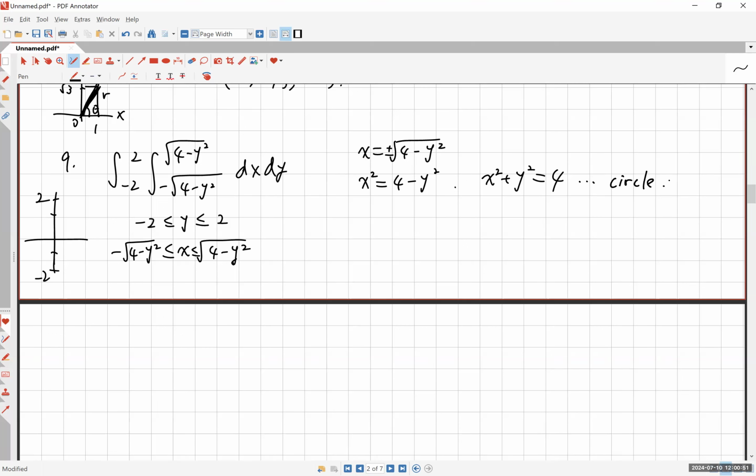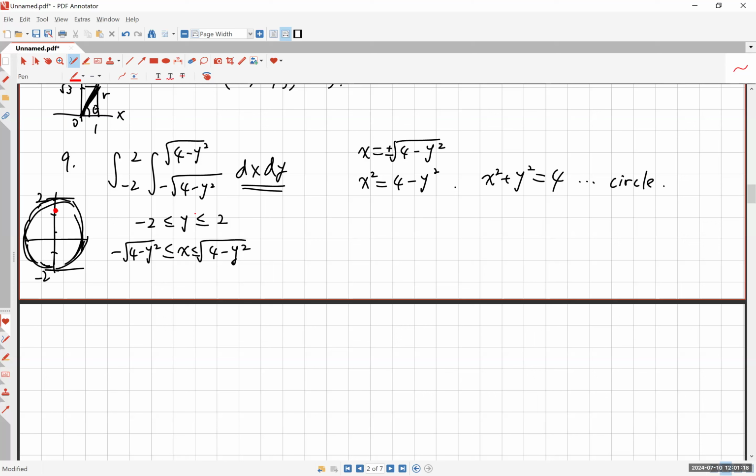right? And so it goes from negative to positive. For each y, it goes from this half circle to this half circle. So this is going to give you a complete circle of radius 2. But I do want you to know what this order means. This order means y goes from -2 to +2. And for each y, let's say you pick a y here, maybe 1.2 or something.